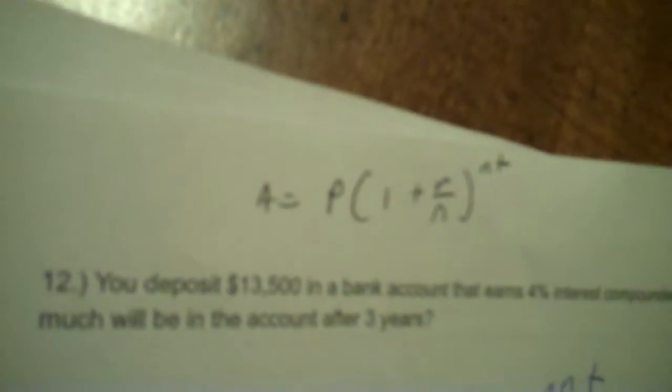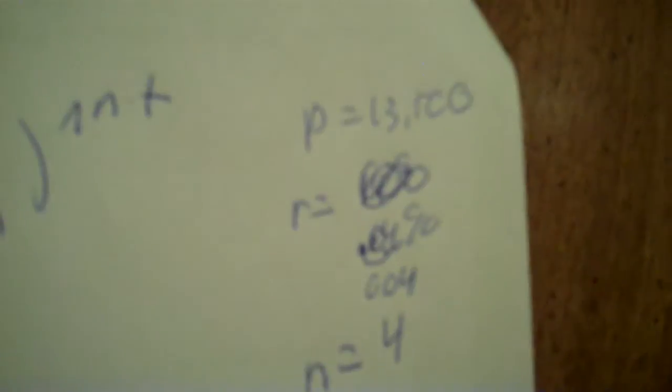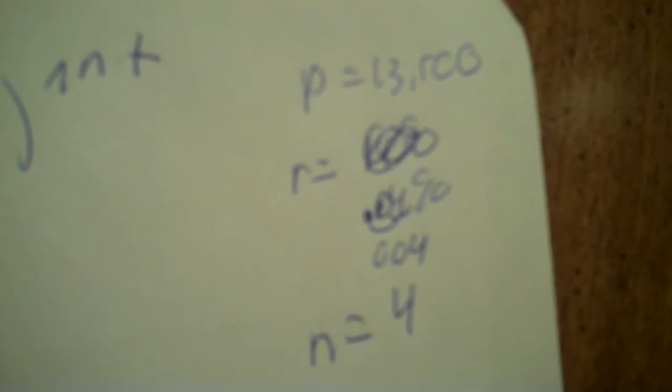P is 13,500. R is 4%, but you need to make that a decimal. So 0.04. Okay, N, that would be 4. Quarterly is 4 times a year.